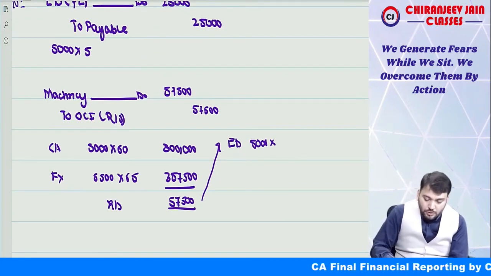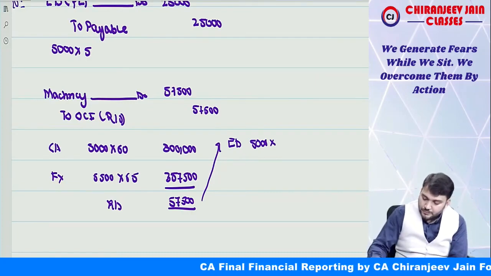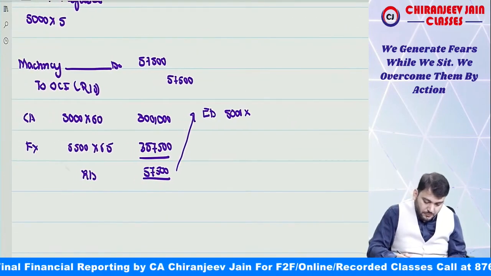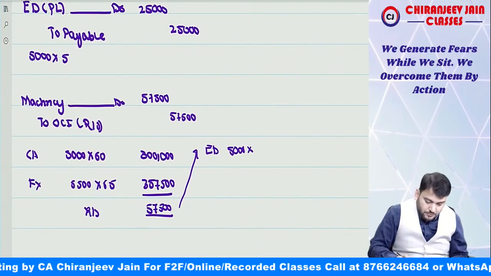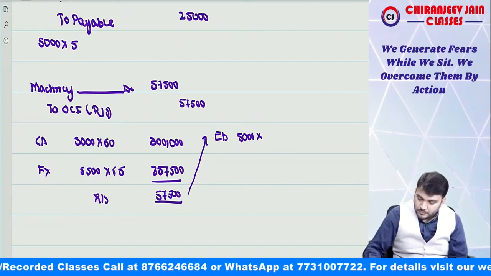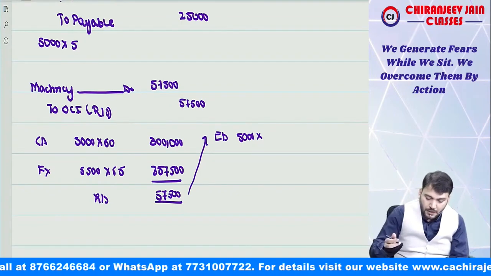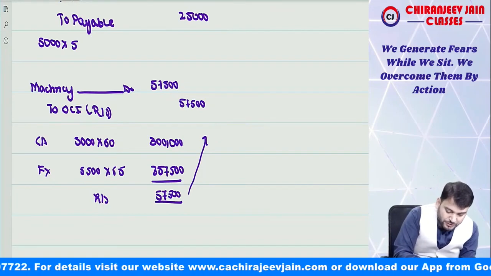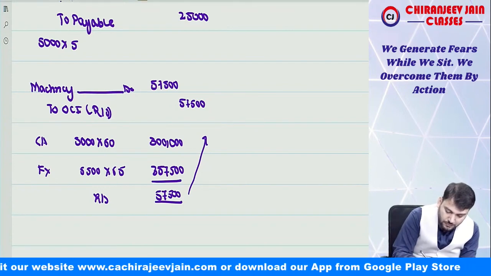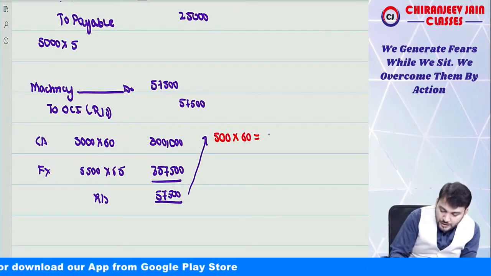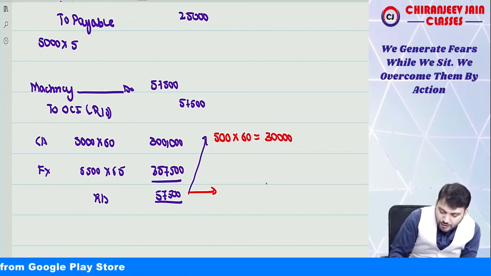And if I say due to revaluation, it will be 500 is the increase and you will take into 60, that is 30,000 due to revaluation, and the balance is 27,500, that is due to exchange difference.